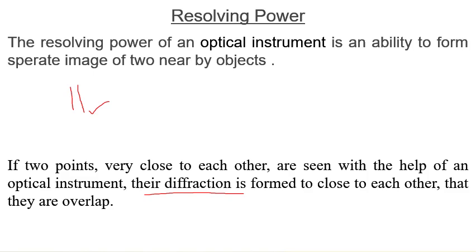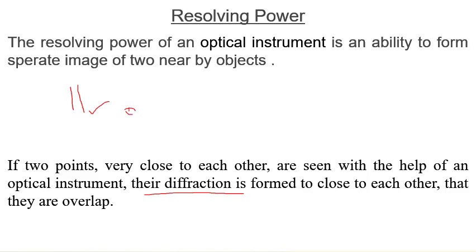When two points very close to each other are seen with the help of an optical instrument, their diffraction patterns are formed so close to each other that they overlap. It means that whenever you are seeing these two lines, your eye works as a single slit.